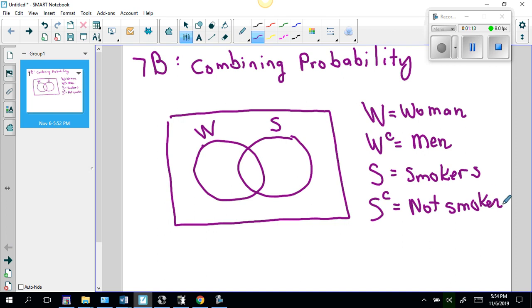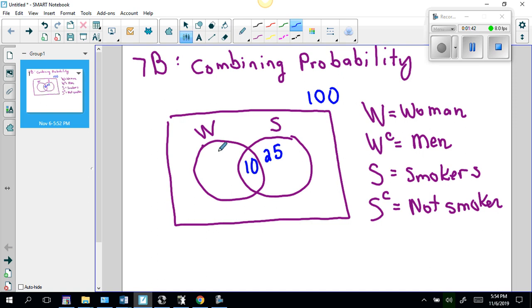And there's 4 distinct zones here. We got women who smoke. Maybe there's 100 people. You're at an establishment. And let's say 10 of them are women that smoke. And let's say that there's 25 smokers who are not women. Ooh, these are male smokers.